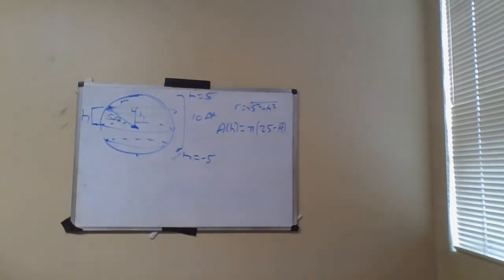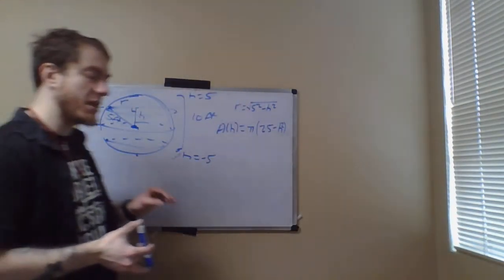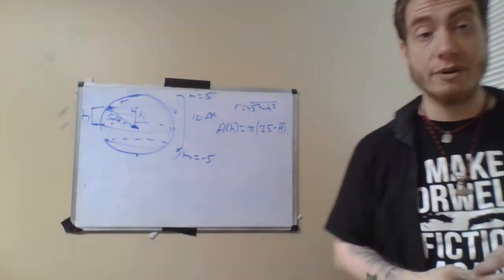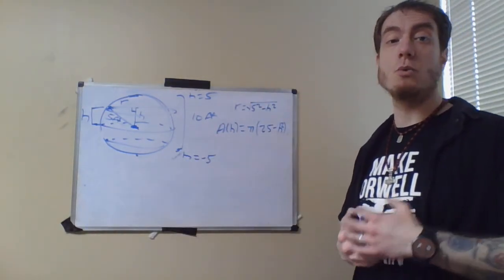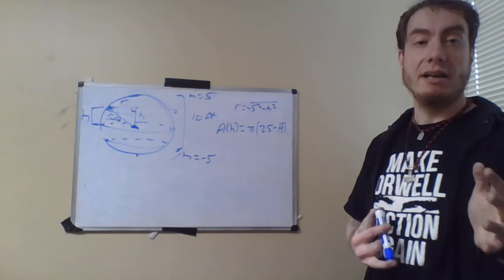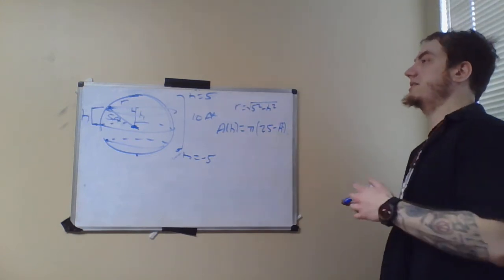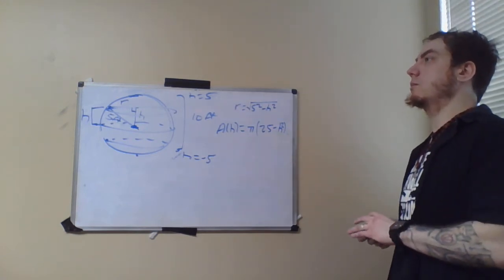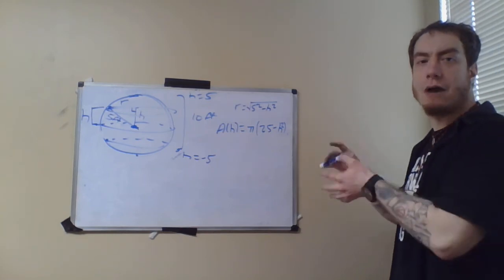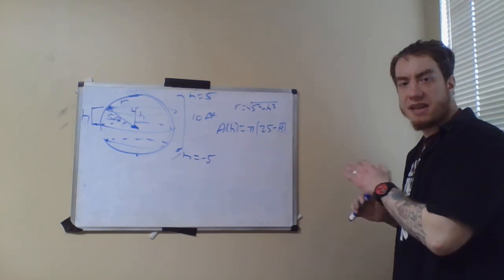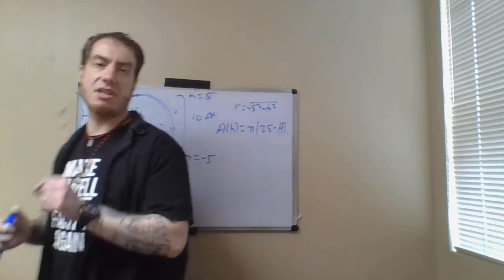So again, this is not necessarily something that you're going to study a lot. Not all of you are going to be doing physics. But we're showing you these things because it's more about learning how you think about these problems than it is about learning how to do these specific problems.